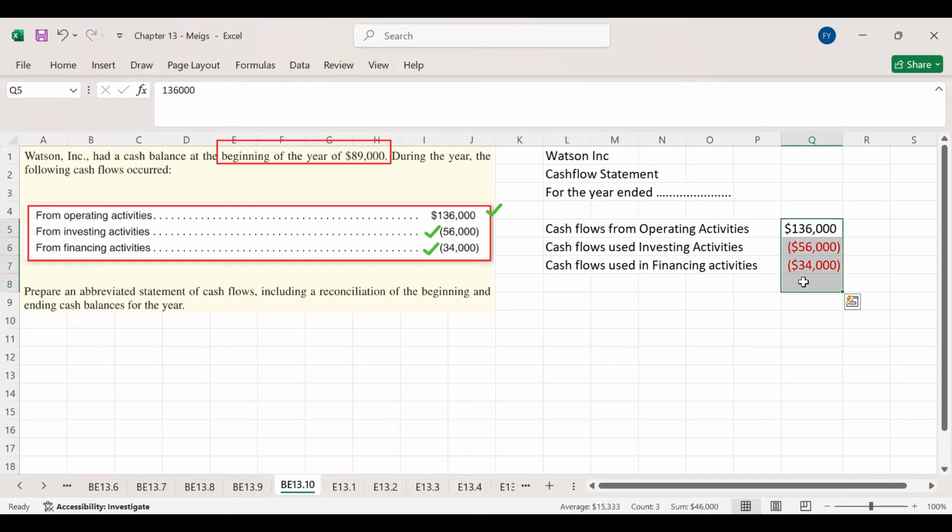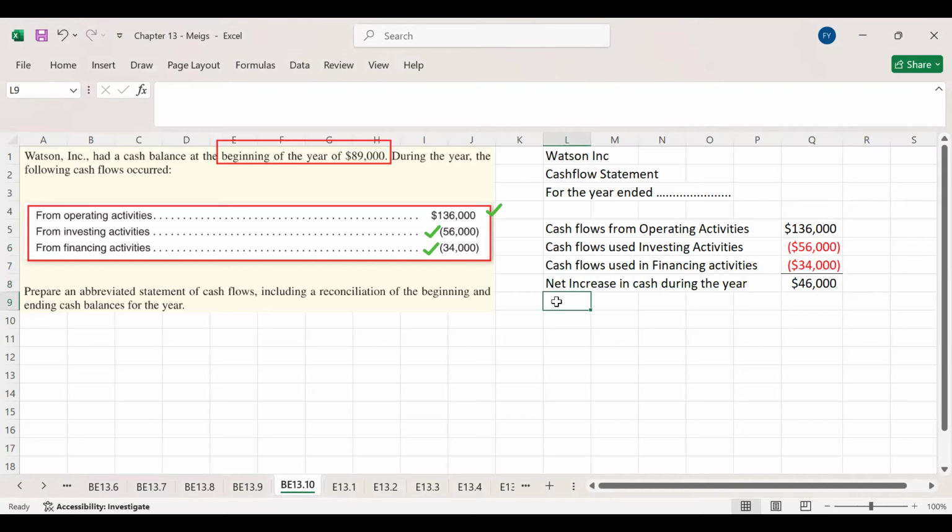By adding all these three activities, we take the sum of all three activities. So here, this is $46,000, as this is the positive cash flows. So we mention net increase in cash during the year. So this is the net increase in cash during the year.